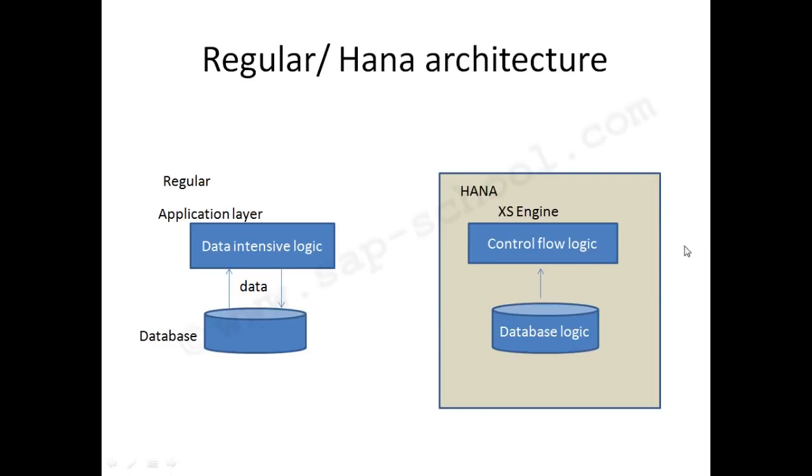That's why the application layer in HANA is called the access engine, also the extra small engine. The other name for it is extended services. So we need a very small layer for control flow logic in HANA.